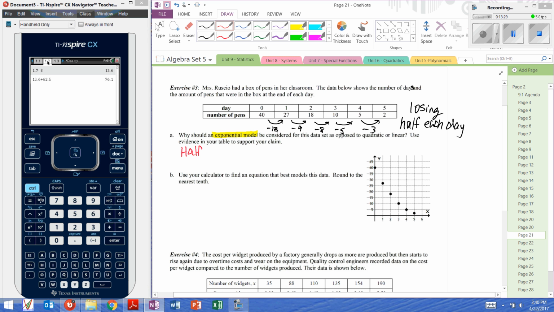So about half of the pens remain after each day goes by.